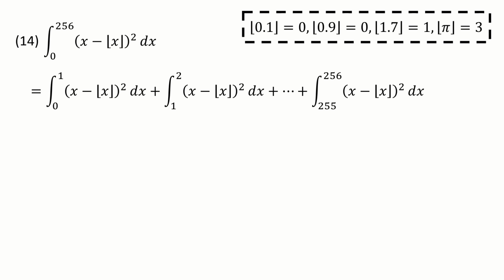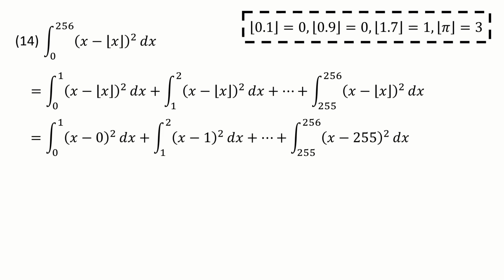So we can split this integral in this way, and for each term we deal with this floor function. For example, for the first term, x goes from 0 to 1, so it takes a value like 0 point something. After taking the floor function, it becomes 0. Then for the second term, x goes from 1 to 2, so it takes values like 1 point something.